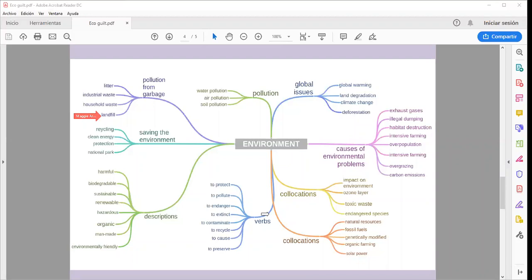What about Juan Bernardo? What about Angelica? Okay, so Juan Bernardo wrote, I'm from Querétaro. In my community, there is a landfill. Thank you, Juan Bernardo. Pretty good.